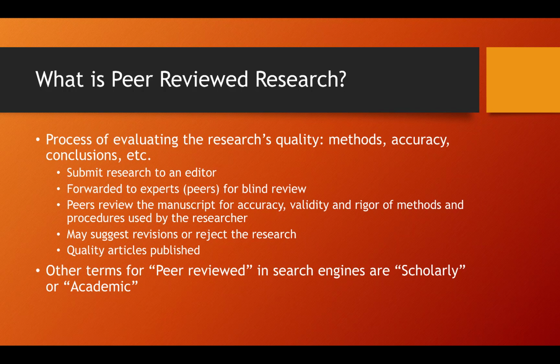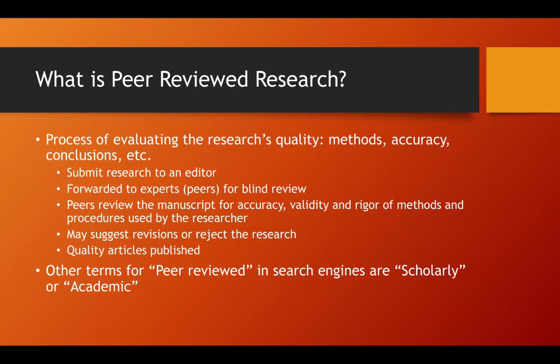So it's forwarded to these experts, and these experts pick that article apart. They'll evaluate the methods that are used, the measurements that were taken, how many subjects were utilized, the different tools that were used to gather the data, and really determine whether or not the methods were valid. They also look at, were the methods rigorous enough?